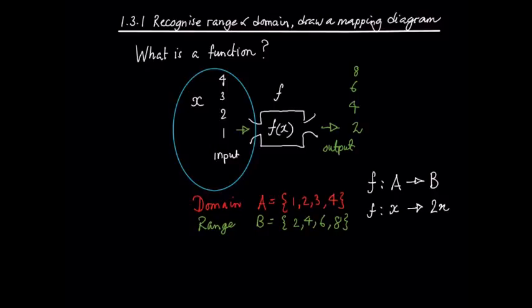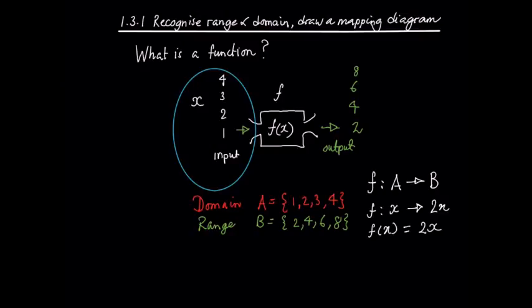And we'd always get a range which corresponds to that given domain under the operation x maps onto 2x. We can also write this as f of x equals 2x.